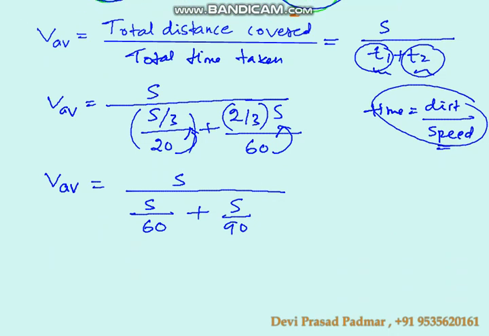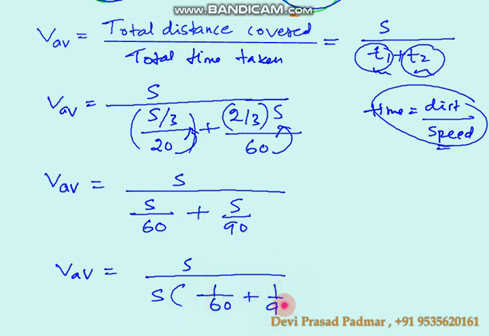Again, V average is equal to S divided by, you can take S common, 1 by 60 plus 1 by 90. Now S can be cancelled.